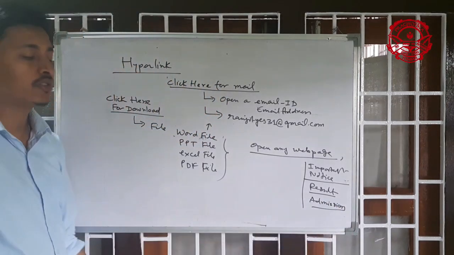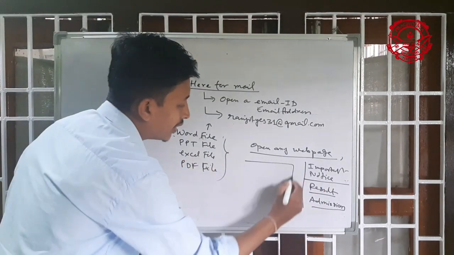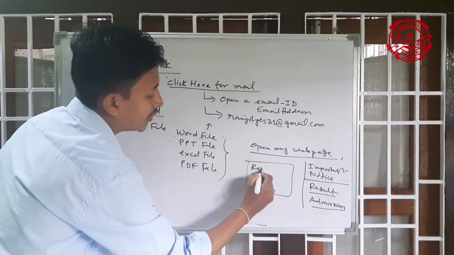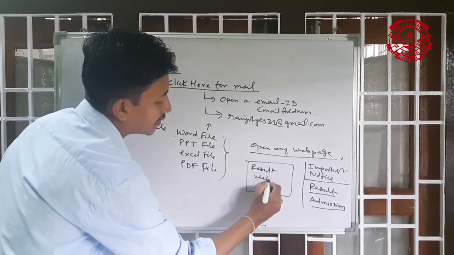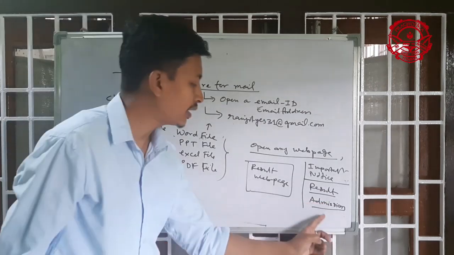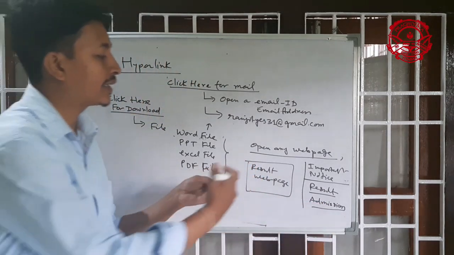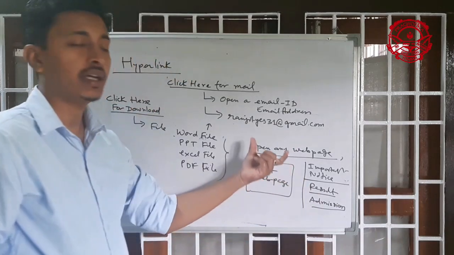When you click on the result, it will open the result web page. When you click on the admission, it will open the admission web page. So in this way, it is created through hyperlinks.